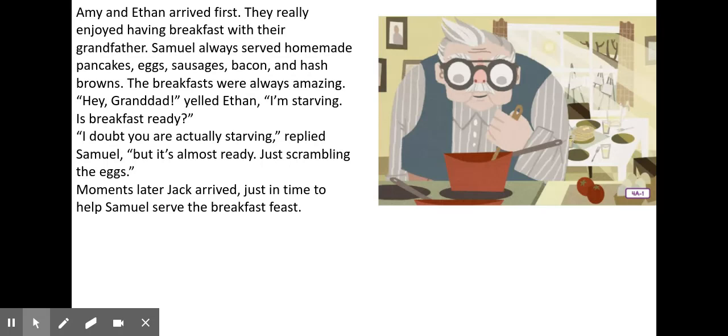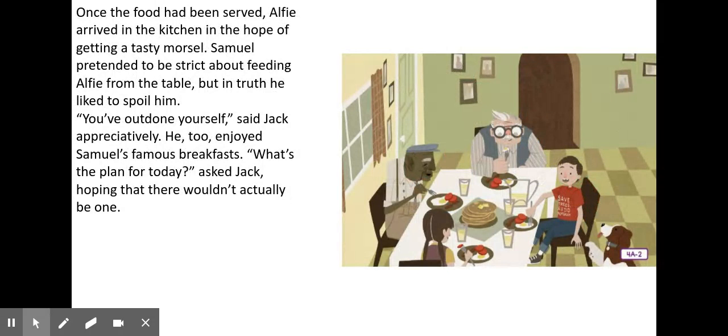Just scrambling the eggs." Moments later, Jack arrived just in time to help Samuel serve the breakfast feast. Once the food had been served, Alfie arrived in the kitchen in the hope of getting a tasty morsel. Samuel pretended to be strict about feeding Alfie from the table, but in truth he liked to spoil him.